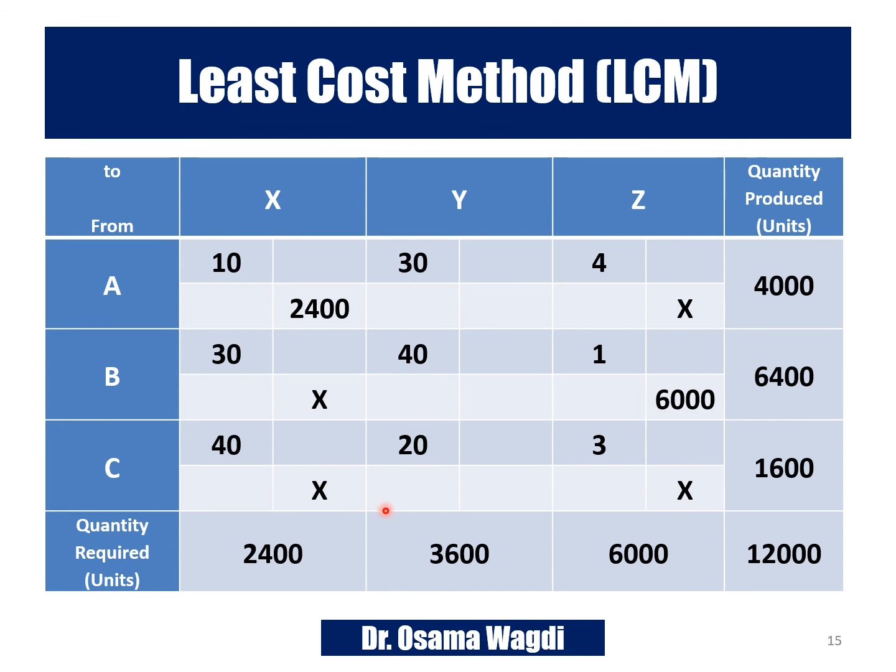Then we're going to move to next cell, which is CY, because it contains the least number of cost. Then make the comparison between that number and choose the least one, which is 1600.